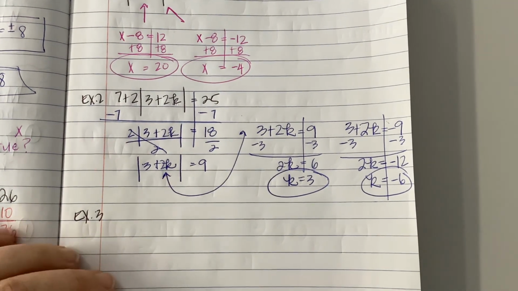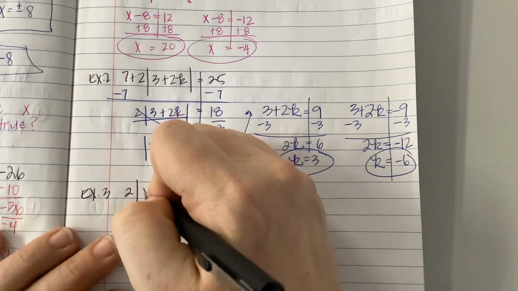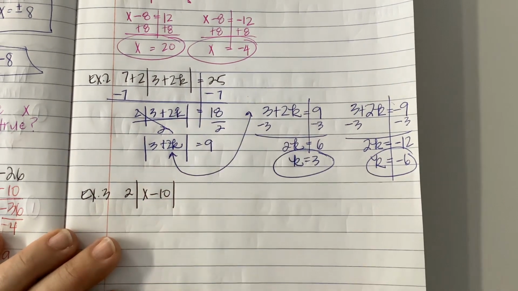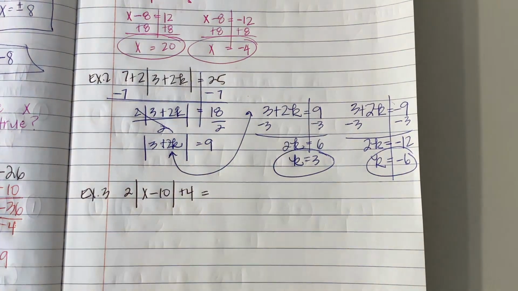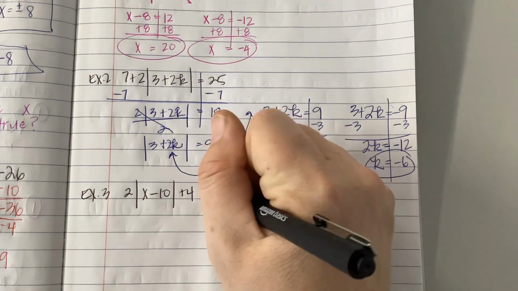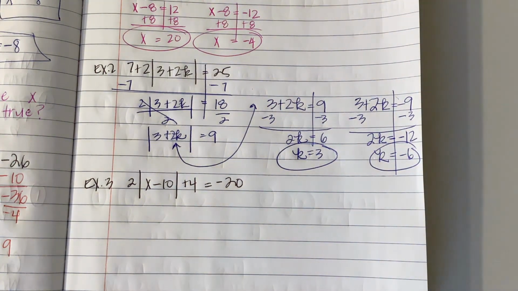What about this one? I'm throwing you a curveball. Two times the absolute value of x minus 10 plus 4 equals negative 20.